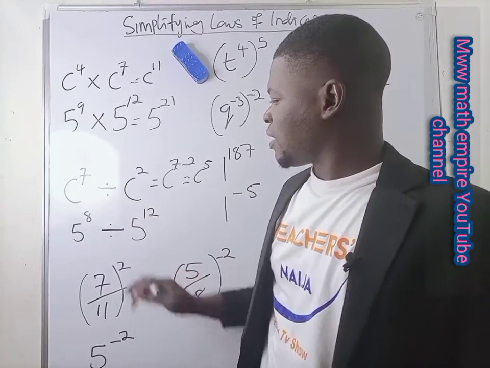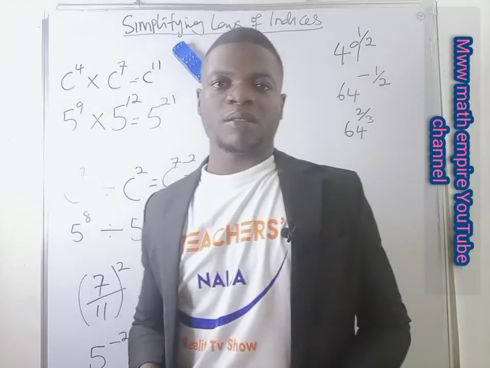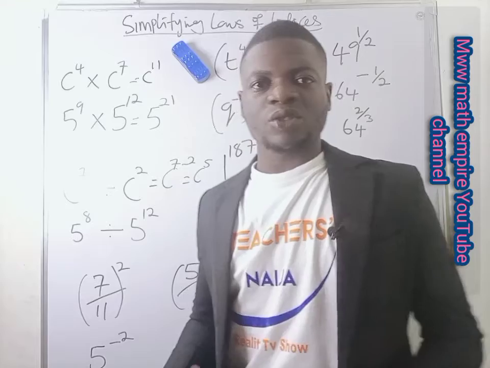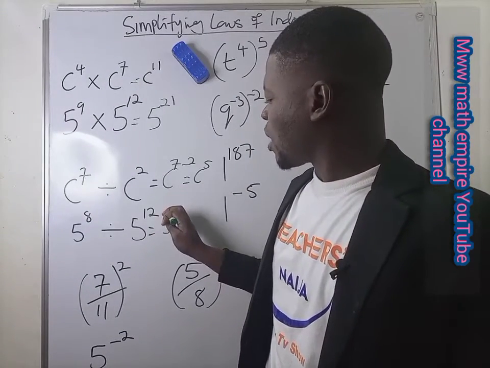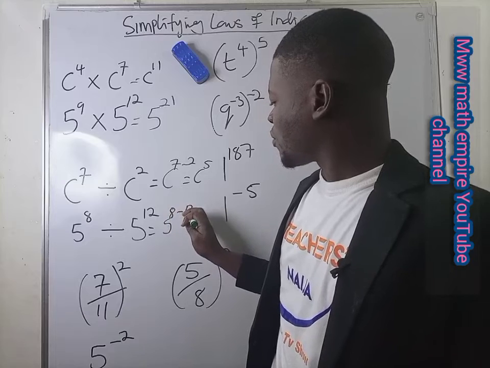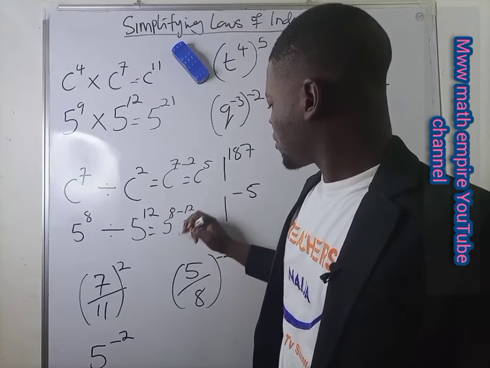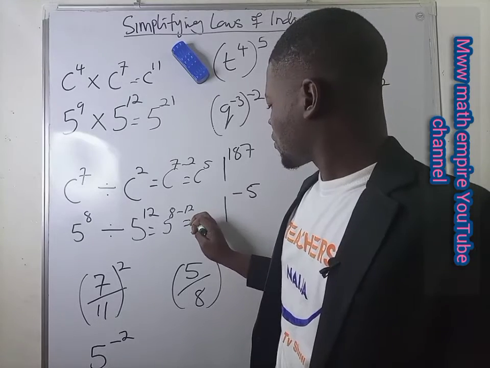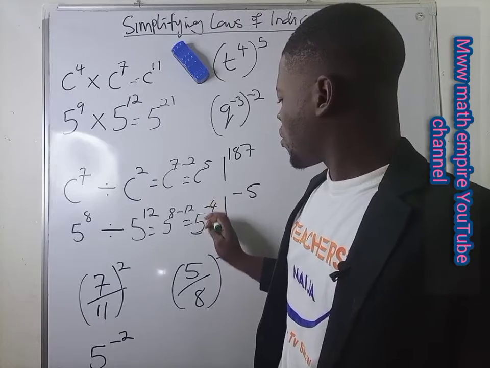Again, we are having 5 divided by 12 here. We'll be having 5 raised to the power of 8 minus 12. And this will be giving us 5 raised to the power of minus 4.